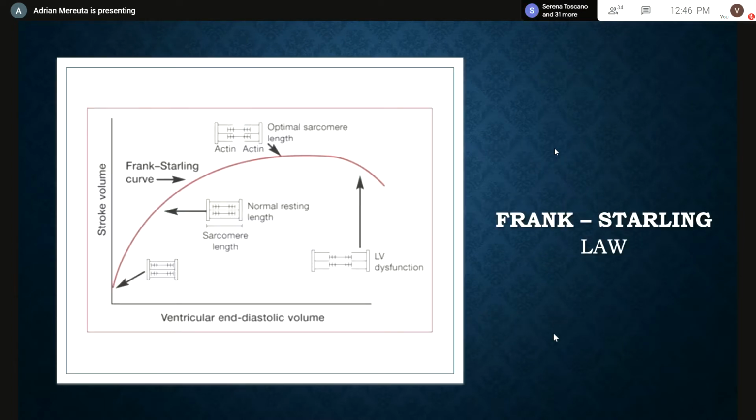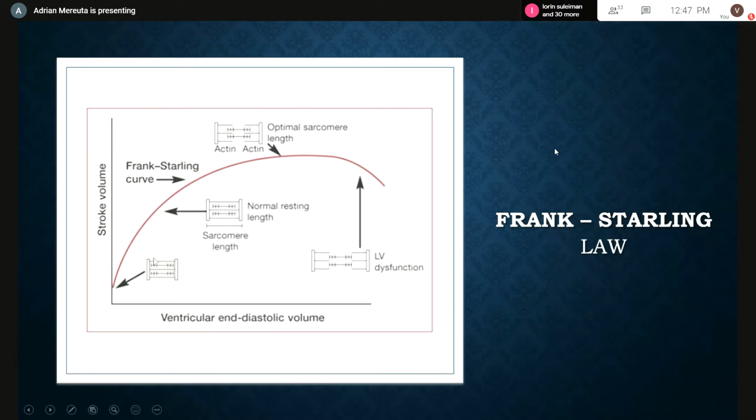There is the Frank-Starling law, maybe you know about it, that says that when the sarcomere length, I mean the size of the ventricle, is increased, the force of the ventricle will increase up to a certain value, of course.